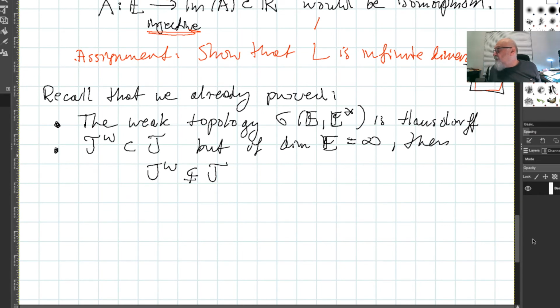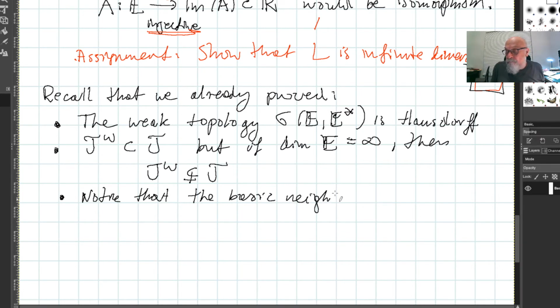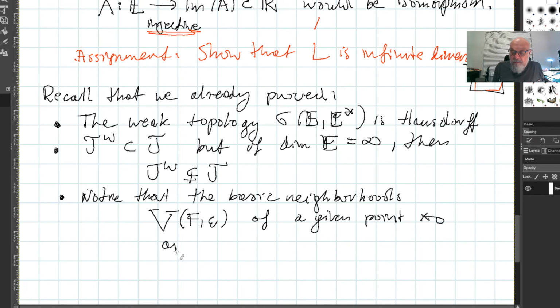And what else did we do? We also know, notice, maybe we should remark it, that the basic neighborhoods, which we call V and write like this, V of a given point x naught, are convex sets.